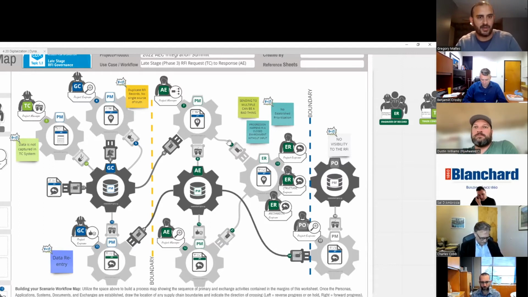You've touched on it with the trade system, with the trade and GC system, and with the GC and architect system. There's the owner system that comes into play there, where sometimes the GC is entering into the GC system and the owner system. It's a huge pain point for so many reasons, and it's something that we definitely discussed at a pretty deep level during the conference.